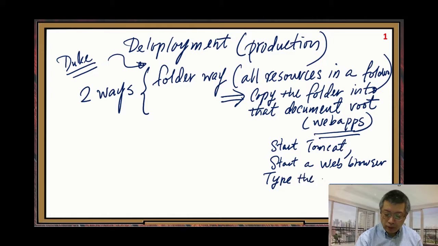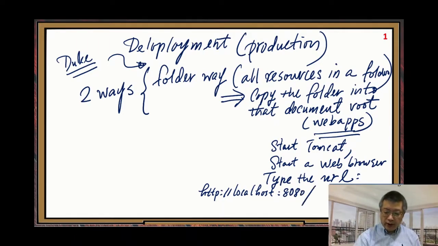Let me write http://localhost, default port number 8080 for Tomcat. Then the folder name, the default web application name is the folder name, Duke.